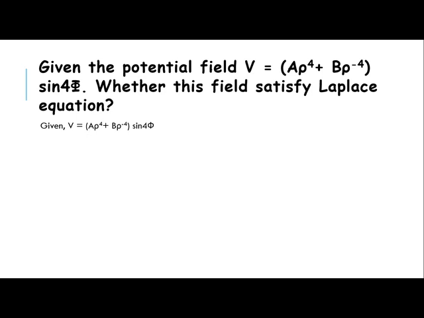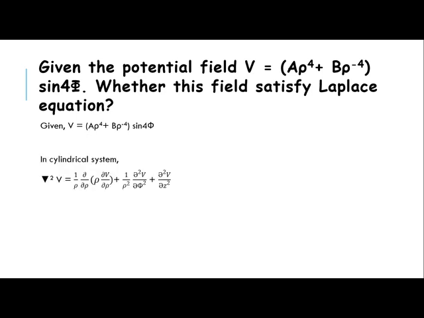From the given potential, it is clear that the potential is represented in cylindrical coordinate system. So it is necessary to remember how we represent Laplace equation in cylindrical coordinates to solve this problem. This is how this problem is different from the previous one.